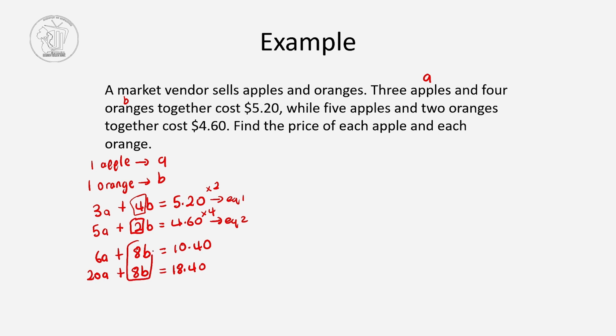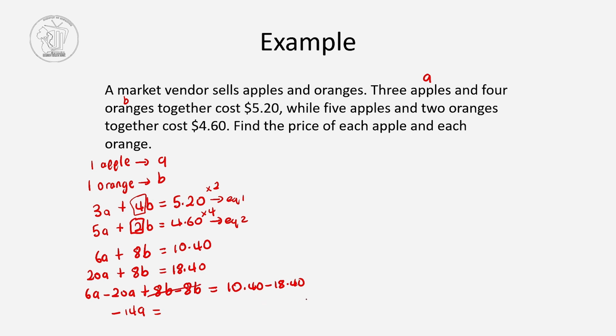And now we see these two are the same, so we can subtract the top equation from the bottom one. So we'll have 6A subtract 20A plus 8B subtract 8B, and that is equal to 10.40 subtract 18.40. So 6A subtract 20A would give us a negative 14A. That is equal to 8B subtract 8B, that will give you 0.